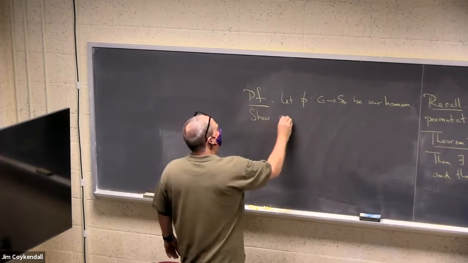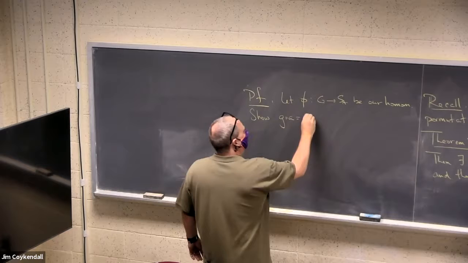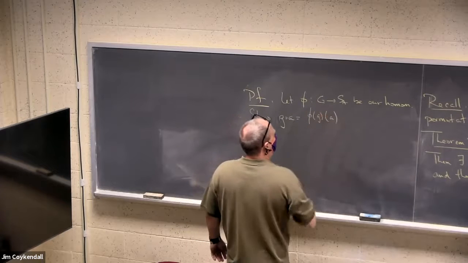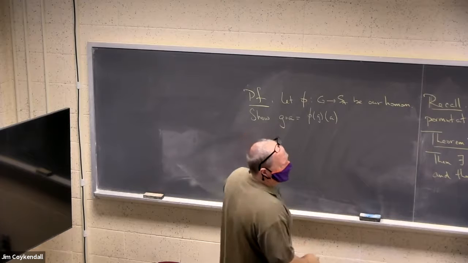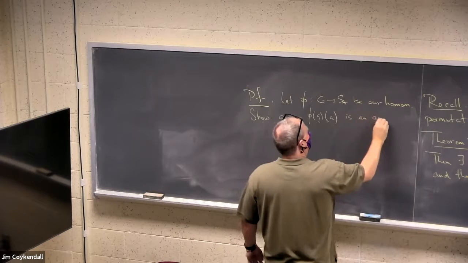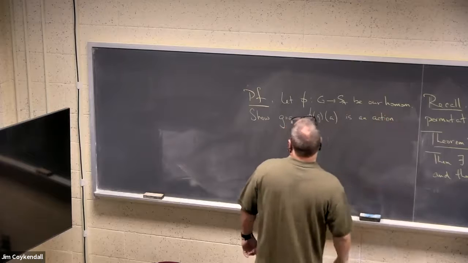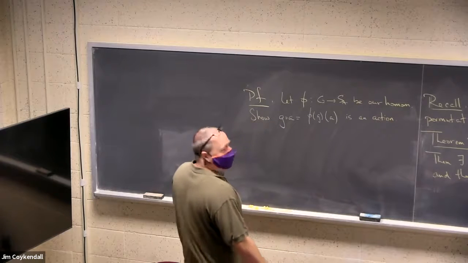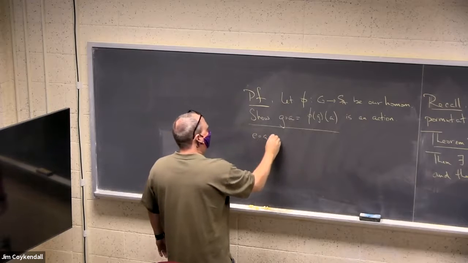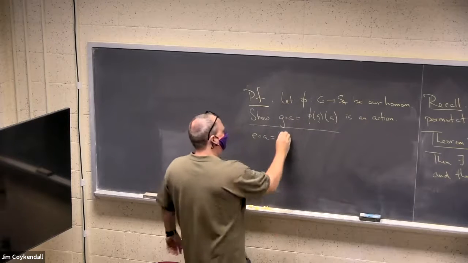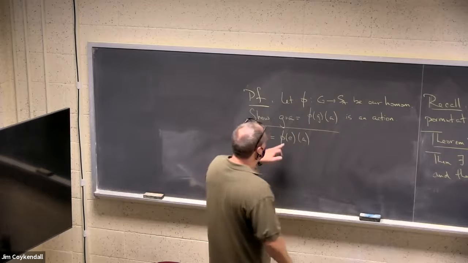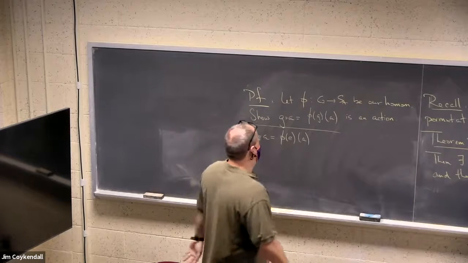I want to show first that G acting on A, given by phi of G, is a permutation of A. Well, let's go through it. Number one, E acting on A is phi of E of A. But what is phi of E?